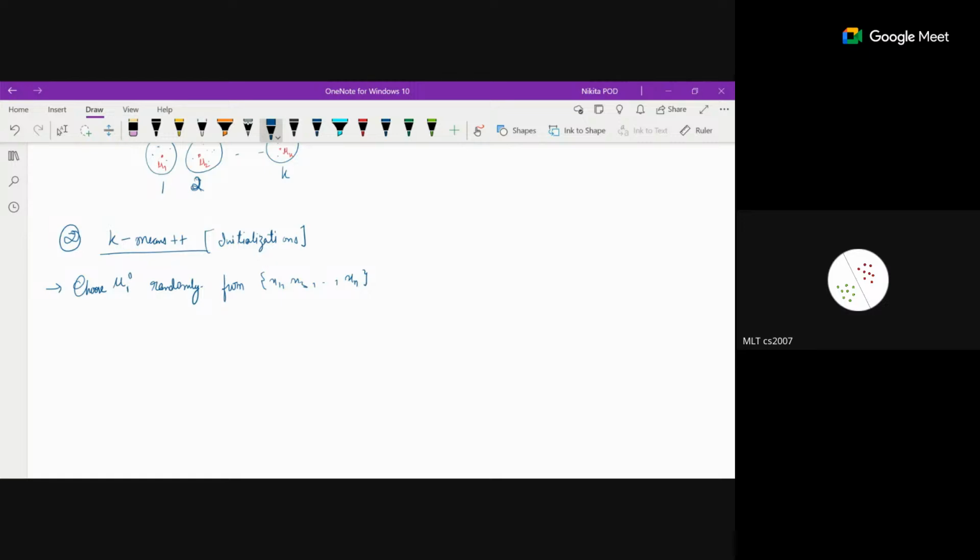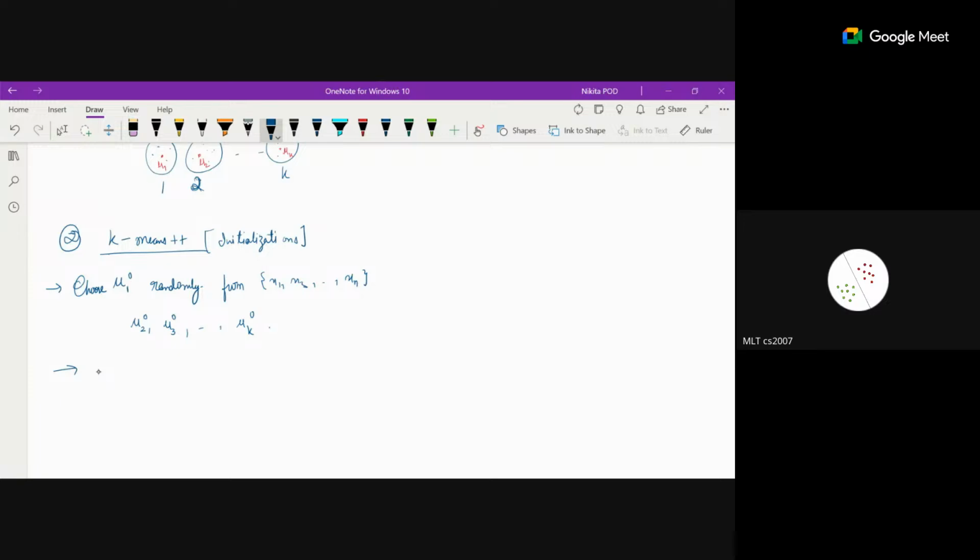Once I choose my mu1 not, I would still need mu2 not, mu3 not, so on till mu k not. I will need those means, right? So the question is how to choose these means. First we'll have to find mu2 not, right?